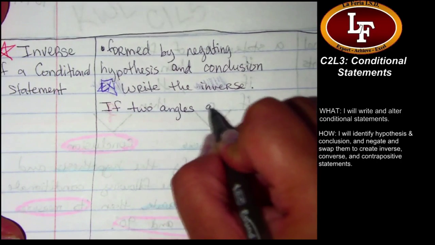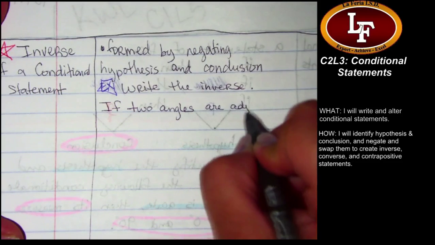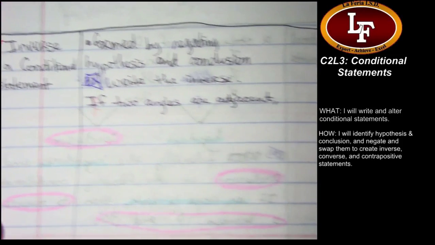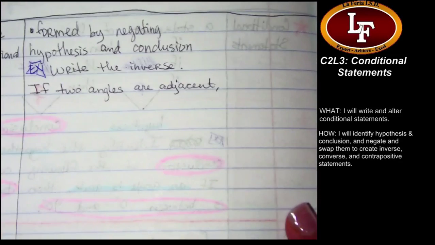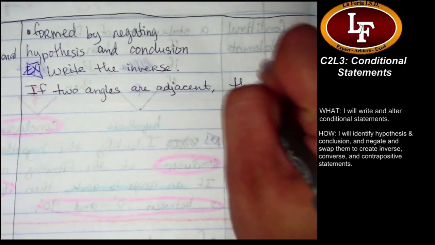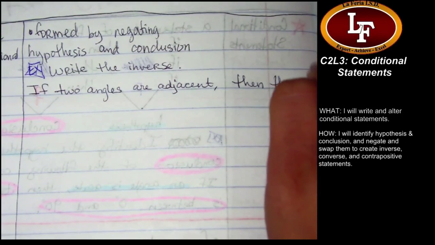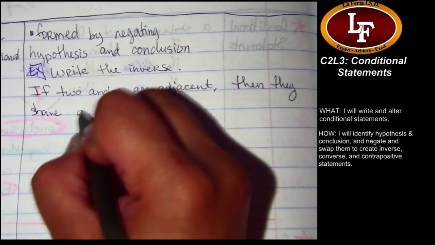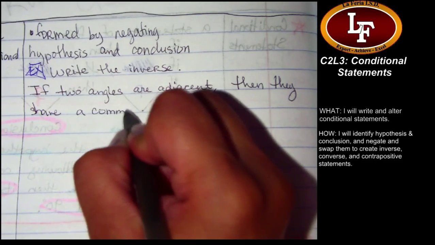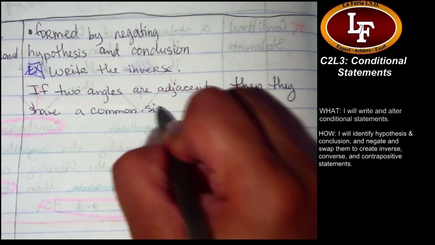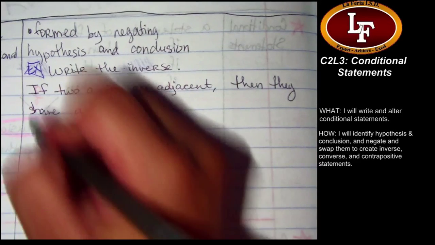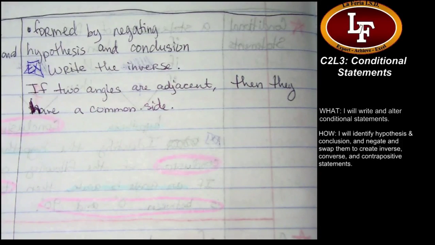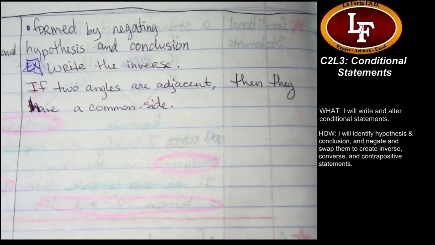If two angles are adjacent, then they have a common side.